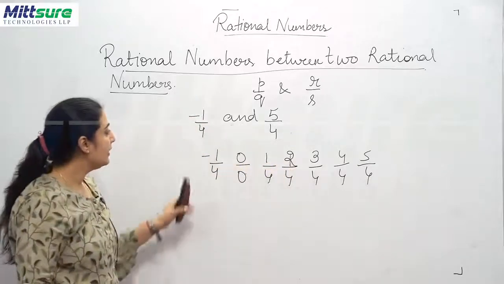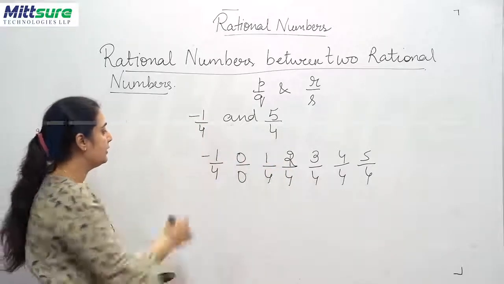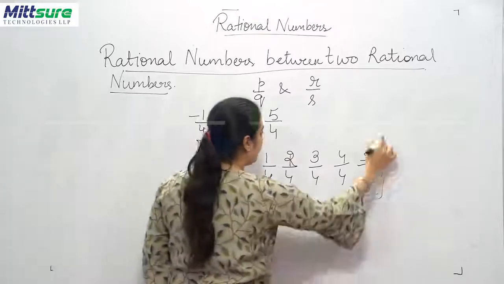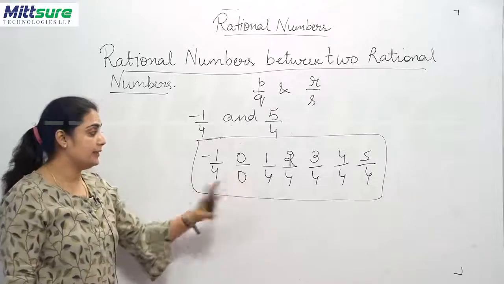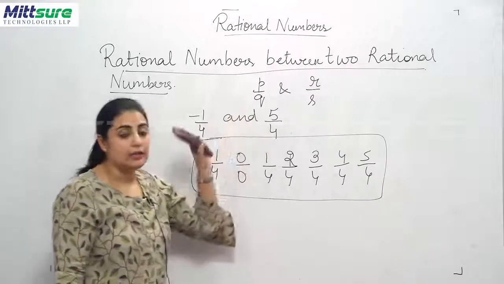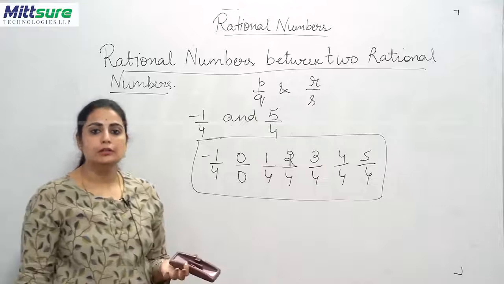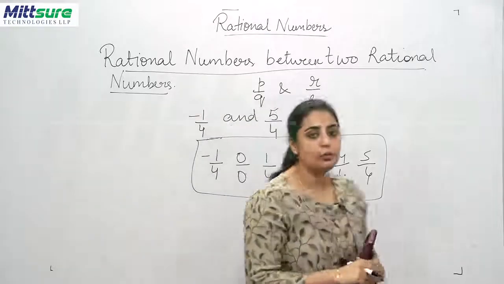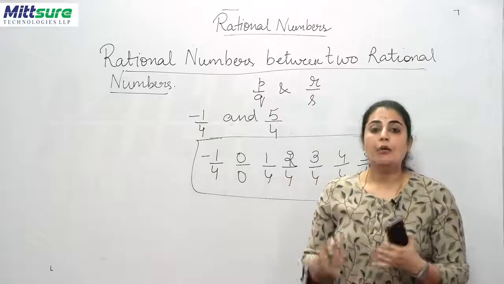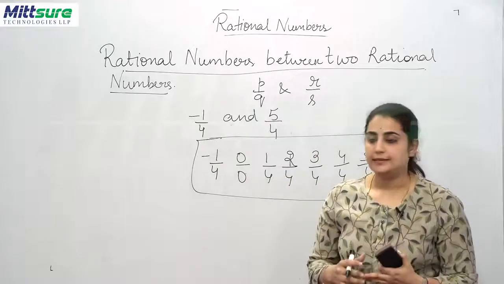Now you can see that in between these two numbers there are many rational numbers present which we cannot see. This is what we are going to learn: how do we find out how many rational numbers are present in between two given rational numbers.